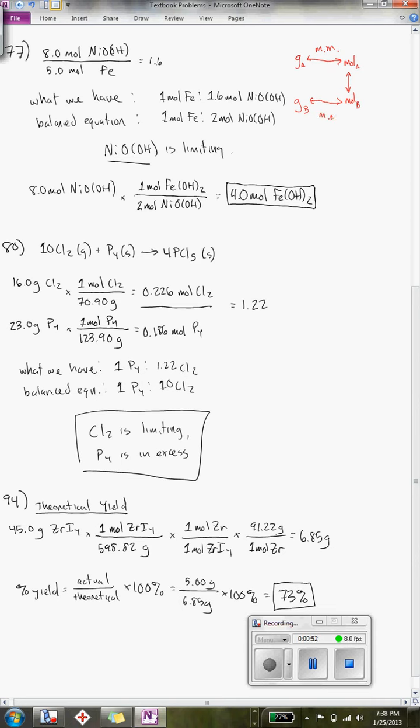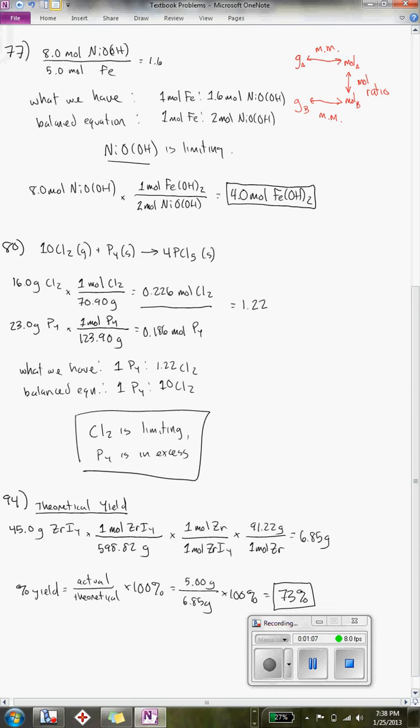Whenever you go back and forth between moles of one substance and moles of another substance, you use the mole ratio. So really the mole ratio is the key new concept that's introduced in chapter 11.